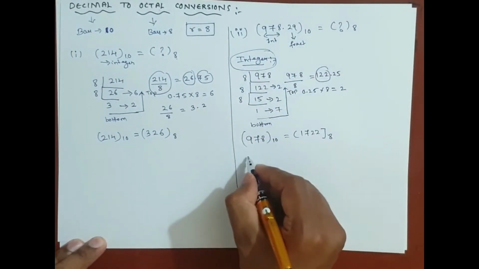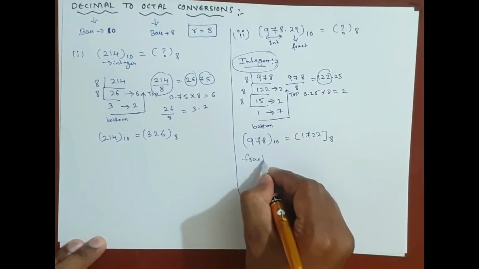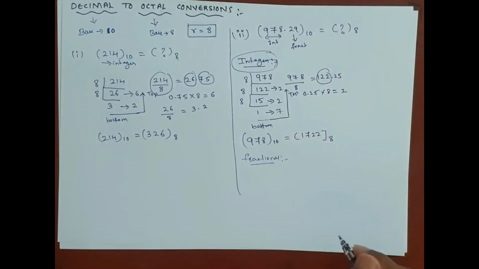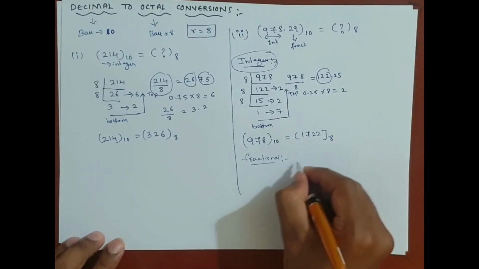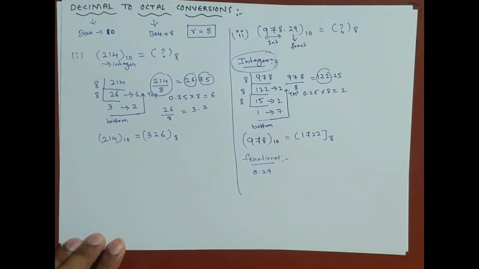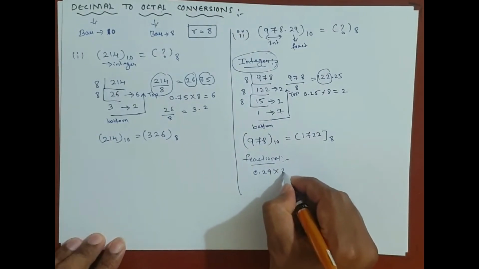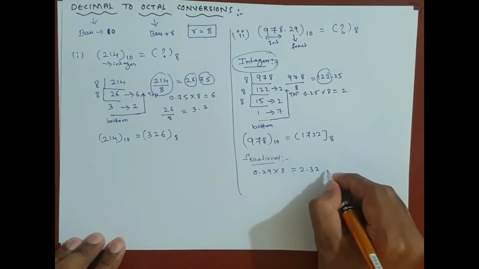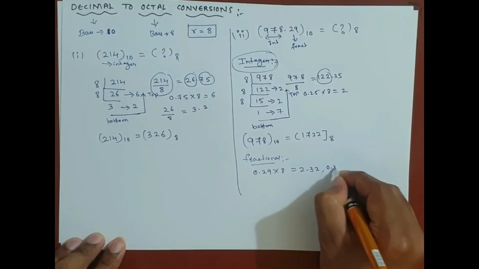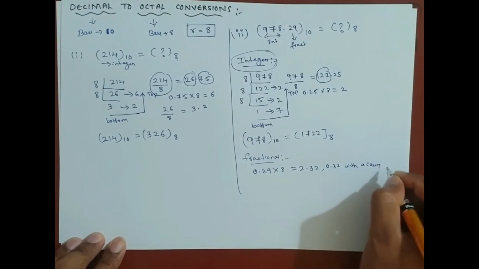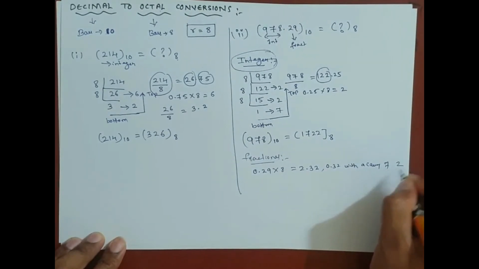Next, we will convert fractional part. So the fractional part is 0.29. If I multiply by 8, the result will be 2.32, which can be written as 0.32 with a carry of 2.